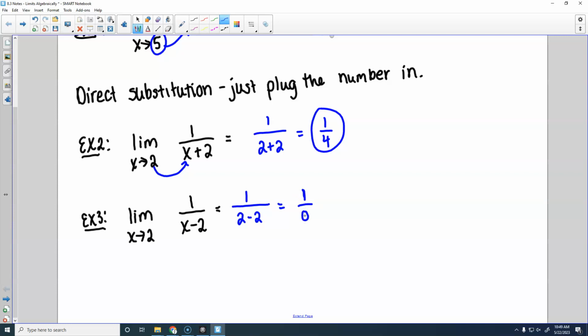Okay, so if we get any number besides 0 over 0, then this is going to be a guaranteed does not exist. Usually this is going to happen at a vertical asymptote somewhere on the graph.